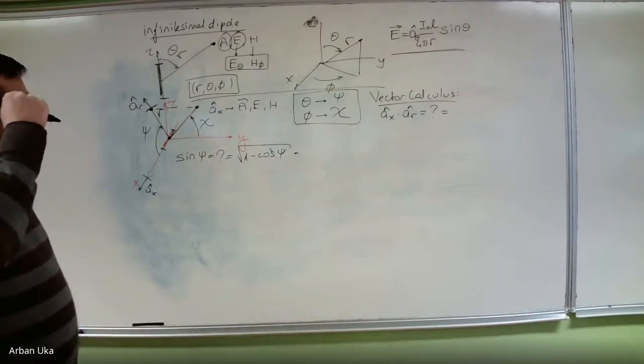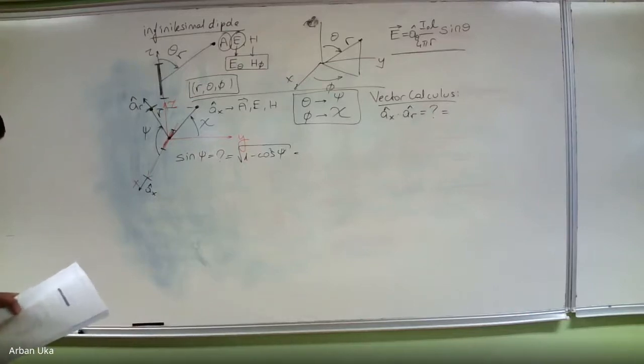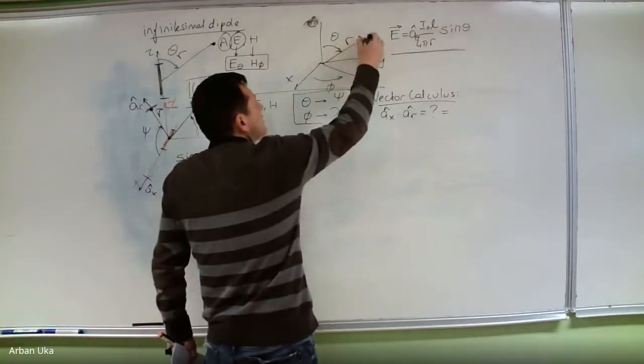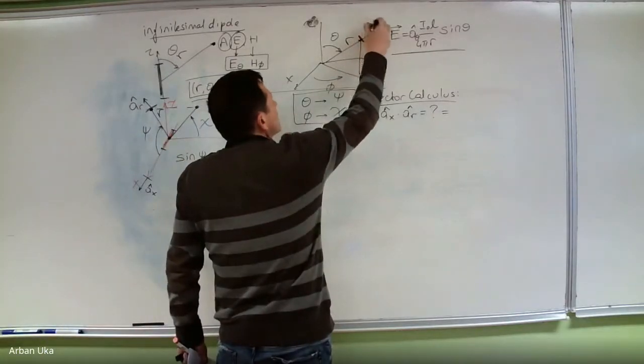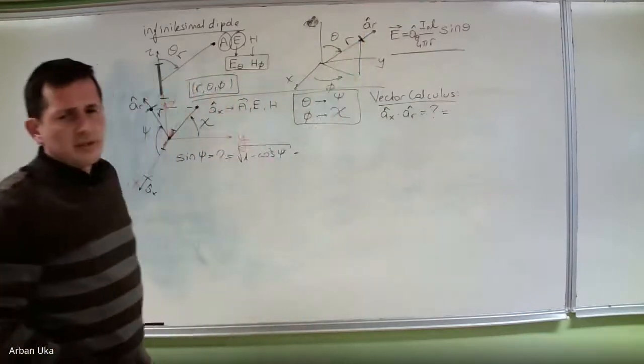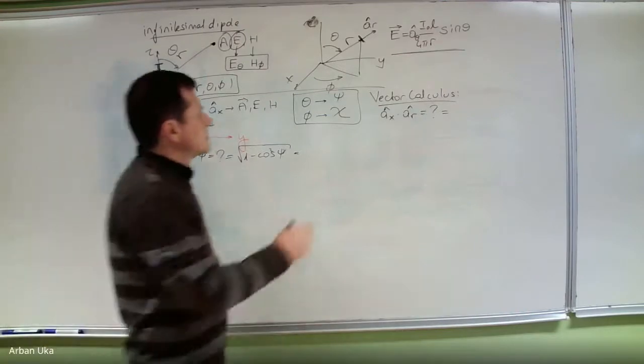So how can we find this one? Let's think for a moment. Let's go back to these unit vectors. This is AR. How much projection will AR have over AX? So this is how you can define it.